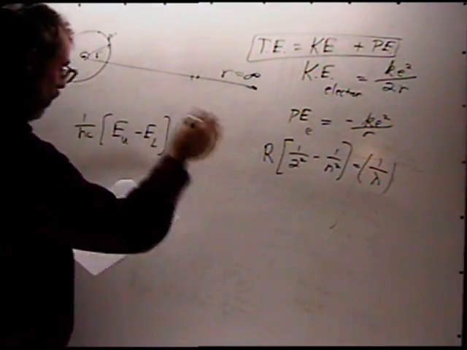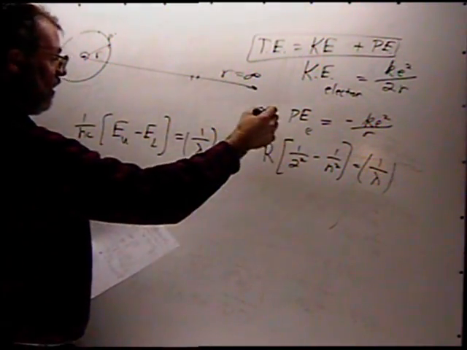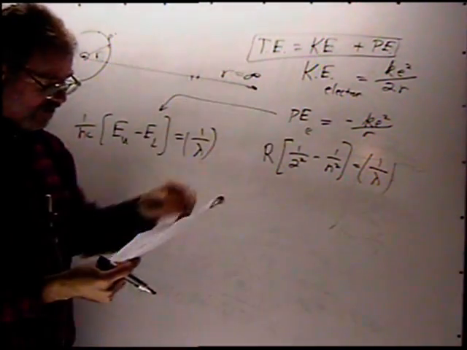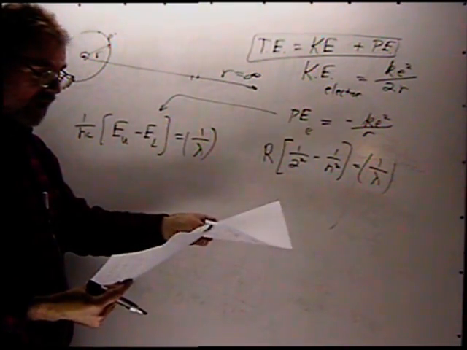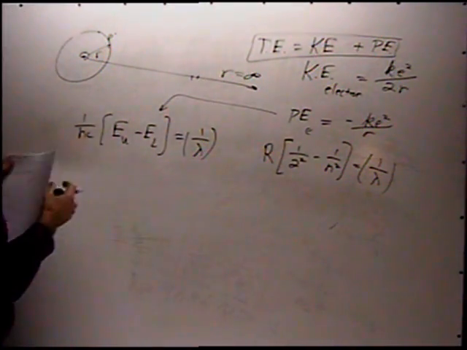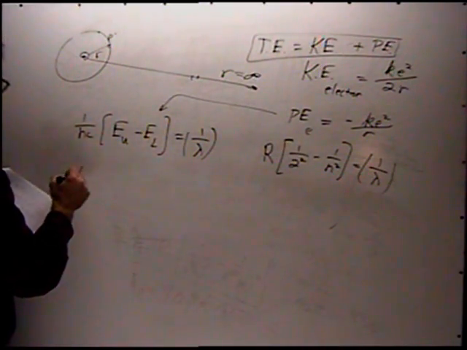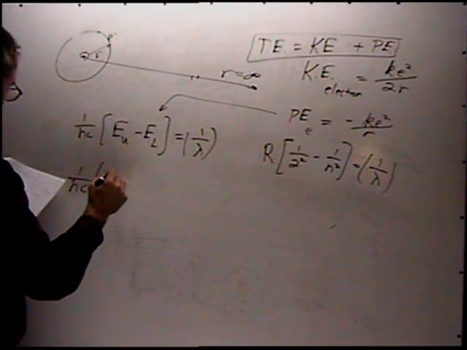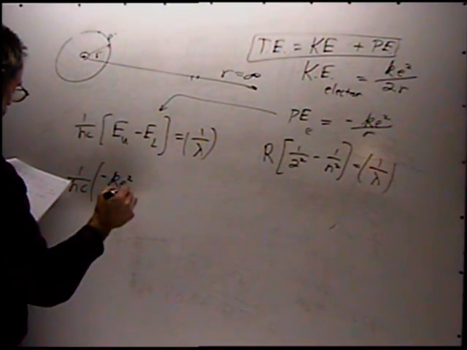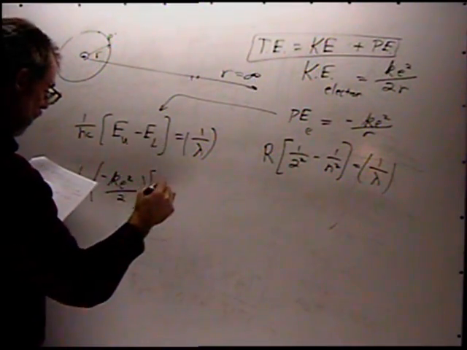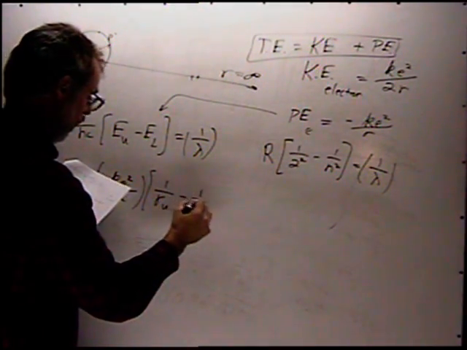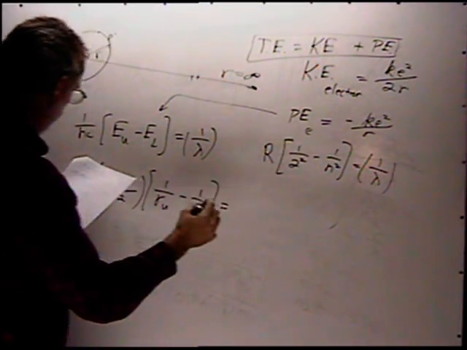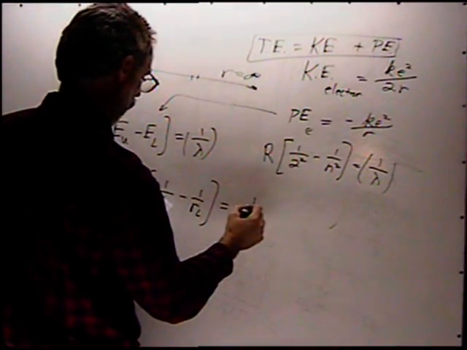And so he took the total energy and he stuffed it into here. When you take this and stuff that into here, and I'm going to flip up to page 8, what you end up with is 1 over hc times minus Ke squared over 2 times 1 over Ru minus 1 over Rl equals 1 over lambda.